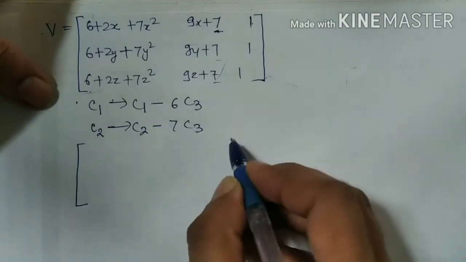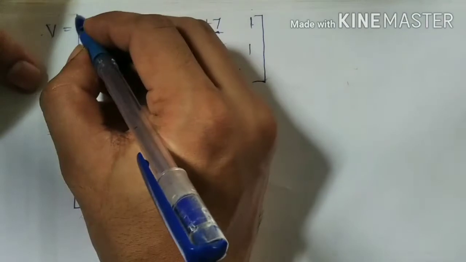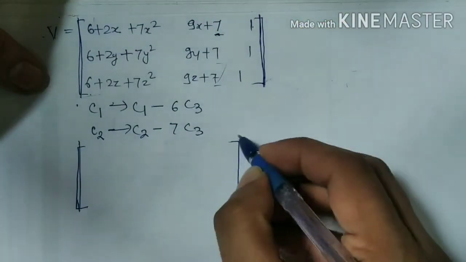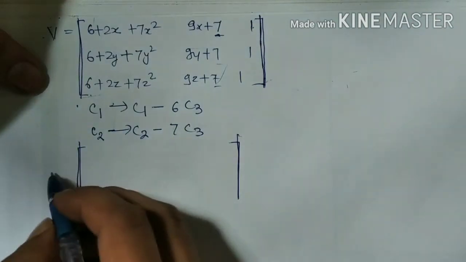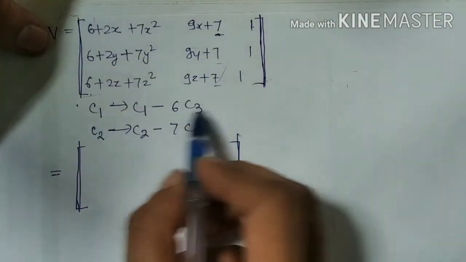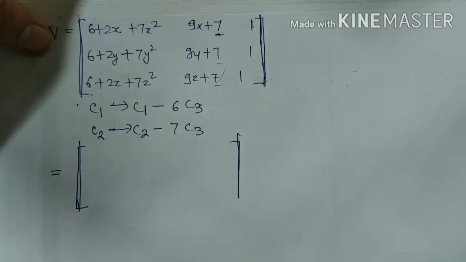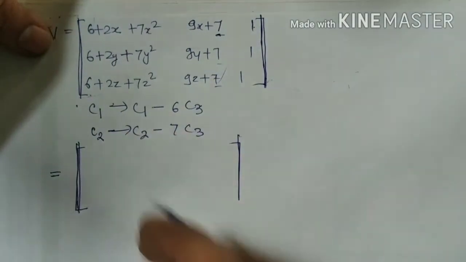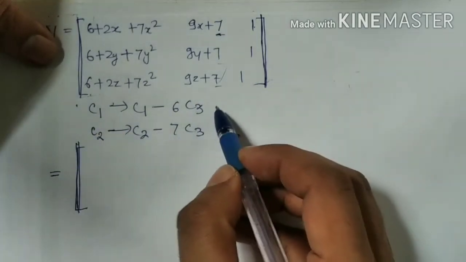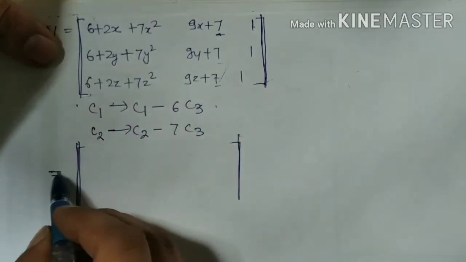After performing the operation, note this is a determinant, not a matrix. Determinant is not going to change by column operation. We have just seen the properties: determinant does not alter by row transformation or column transformation. So the determinant is not going to alter at all.